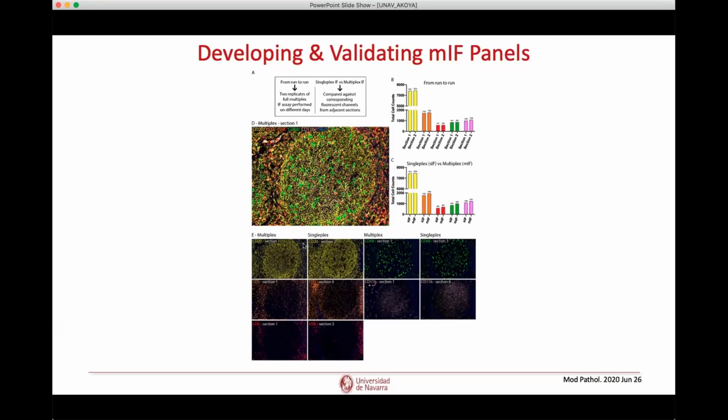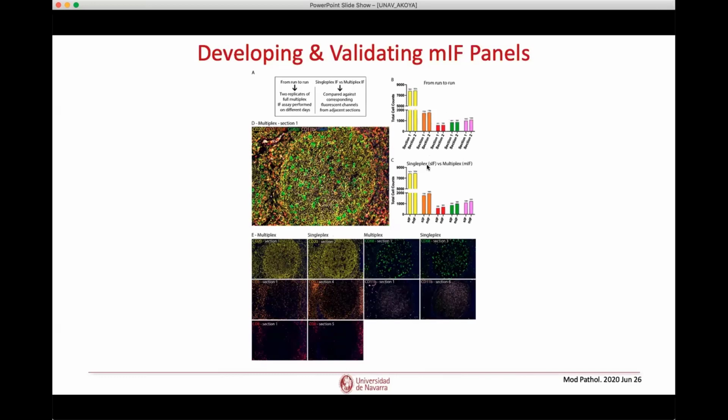We also perform some digital pathology analysis to quantify all these cells, until having similar cell counts when comparing singleplex to multiplex. This is how we implement and set up our multiplex panel, and also the concentration of the antibodies.